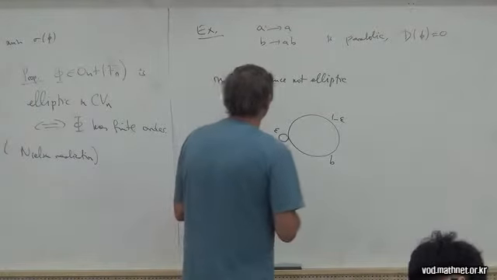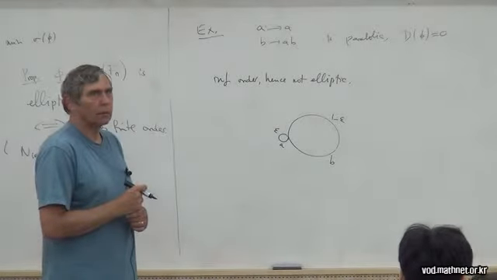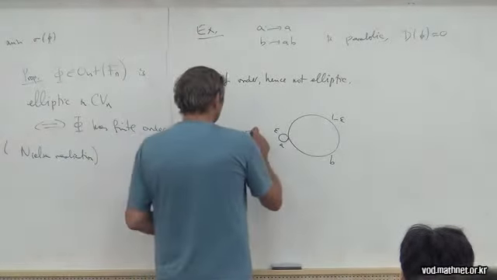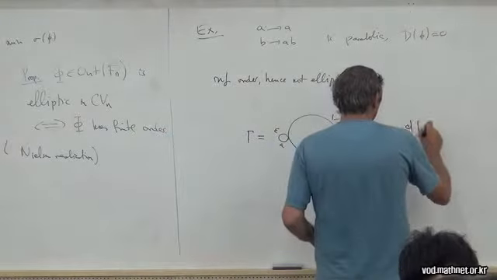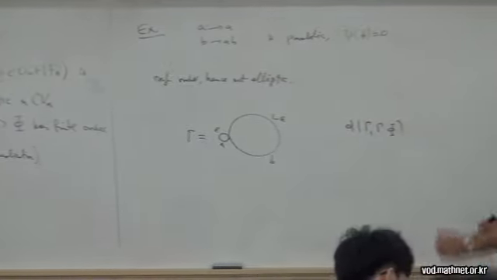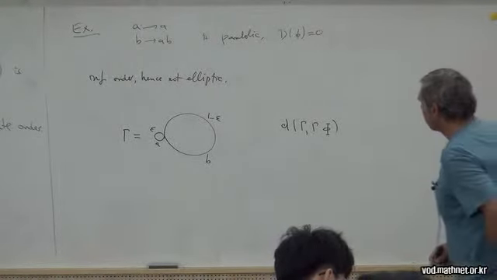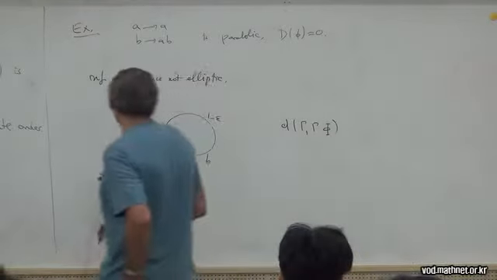Okay, so how do I find out what the distance is? If I call this gamma, what is the distance between gamma and gamma phi? What you have to do is look at these standard loops.